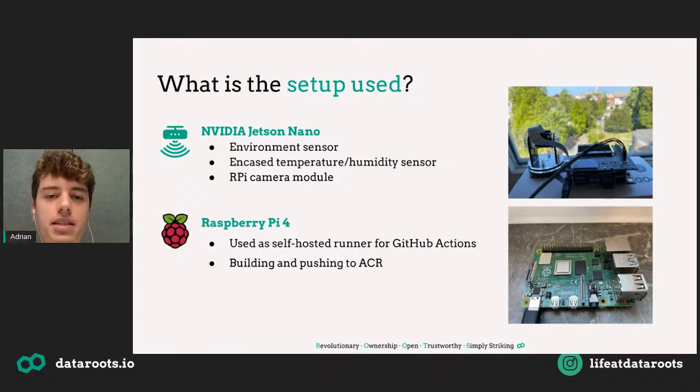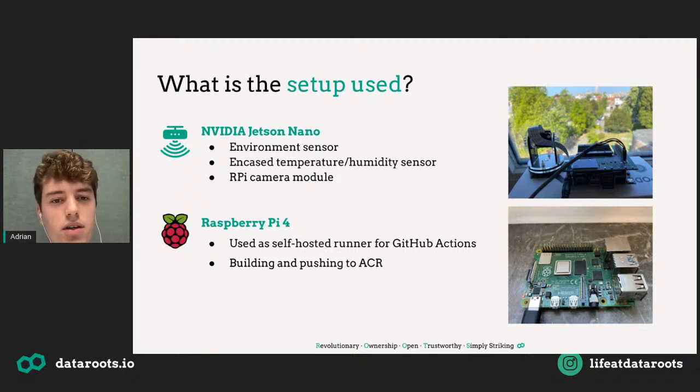The Jetson Nano already has some sensors attached, but we experienced some problems, for example, with the temperature, because when the device heats up, the temperature sensor gathers that heat and it's wrong data, of course. So we have to use an external sensor, and for the camera, we use a Raspberry Pi camera. That's a little bit of the setup in the Jetson Nano.